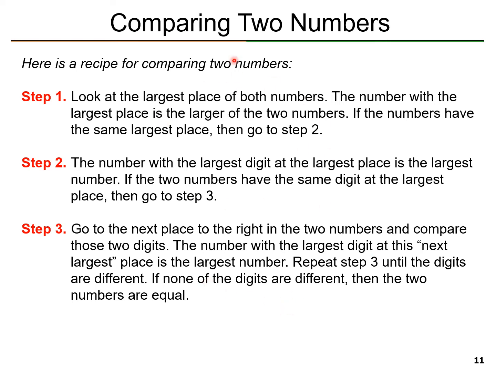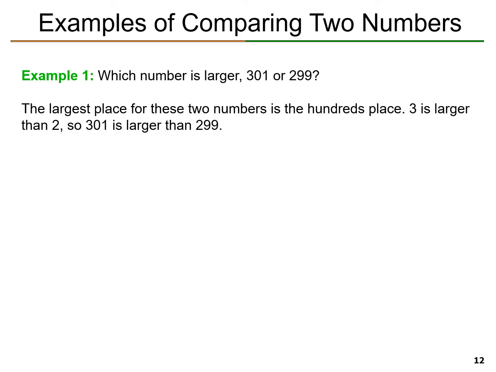So let's go ahead and do some examples. Let's compare 301 with 299 to see which number is largest. Now, the first step is we go to the largest place for both numbers.